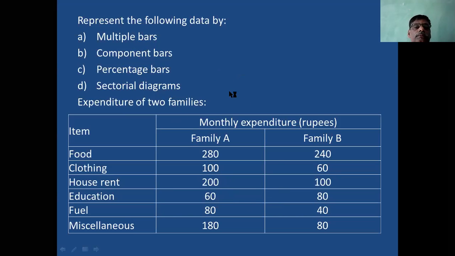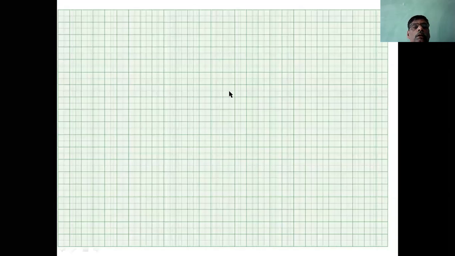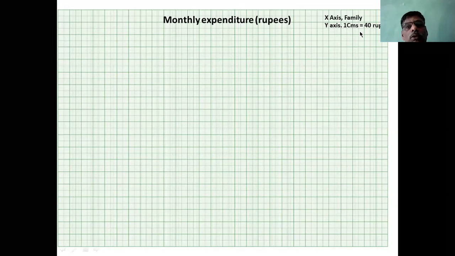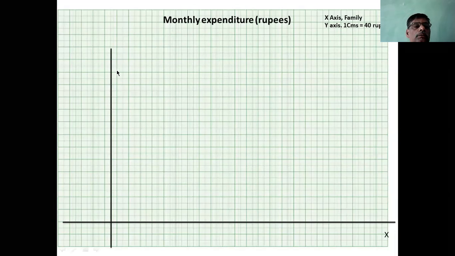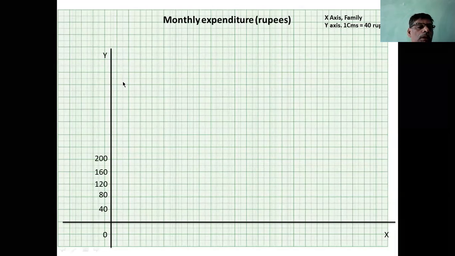You see here, this is monthly expenditure. X-axis family, y-axis 1 centimeter is equal to 40 rupees. This is the x-axis, this is the y-axis. Then you write the values 40, 80, 120, 160, 200, 240, 280, then 320, 360, 400, 440, like that.